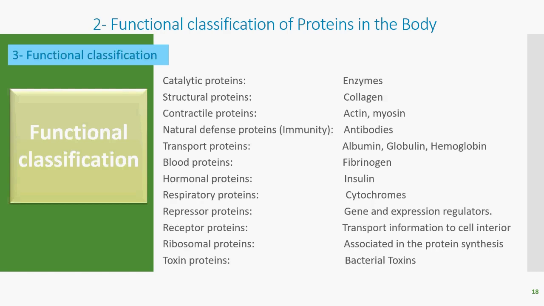Structural proteins are part of the structure of the cell or the tissue, and an example of this is the collagen, which is found in the muscles and the different structures of the body.